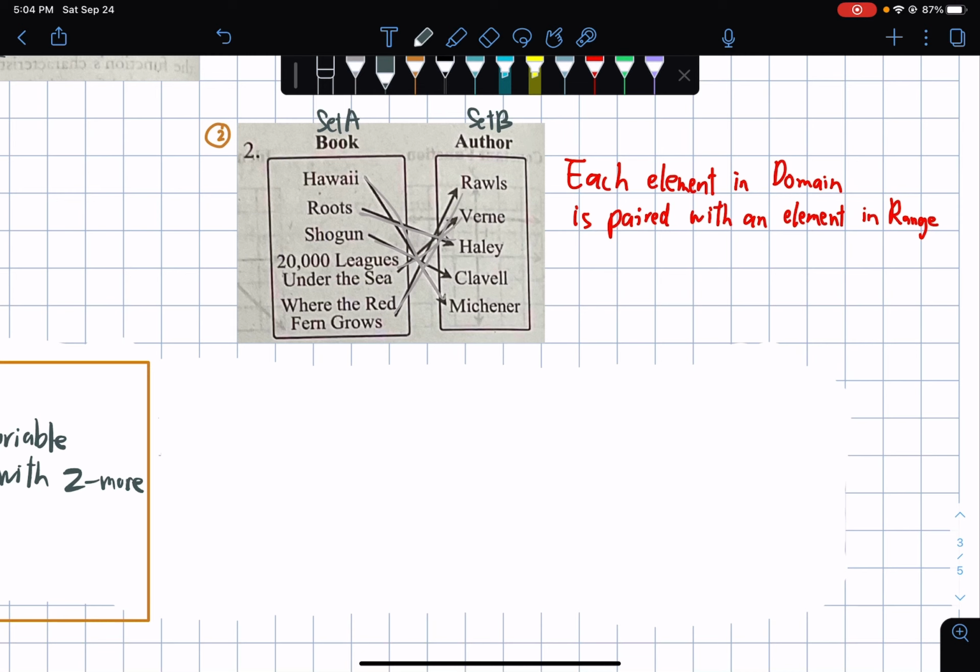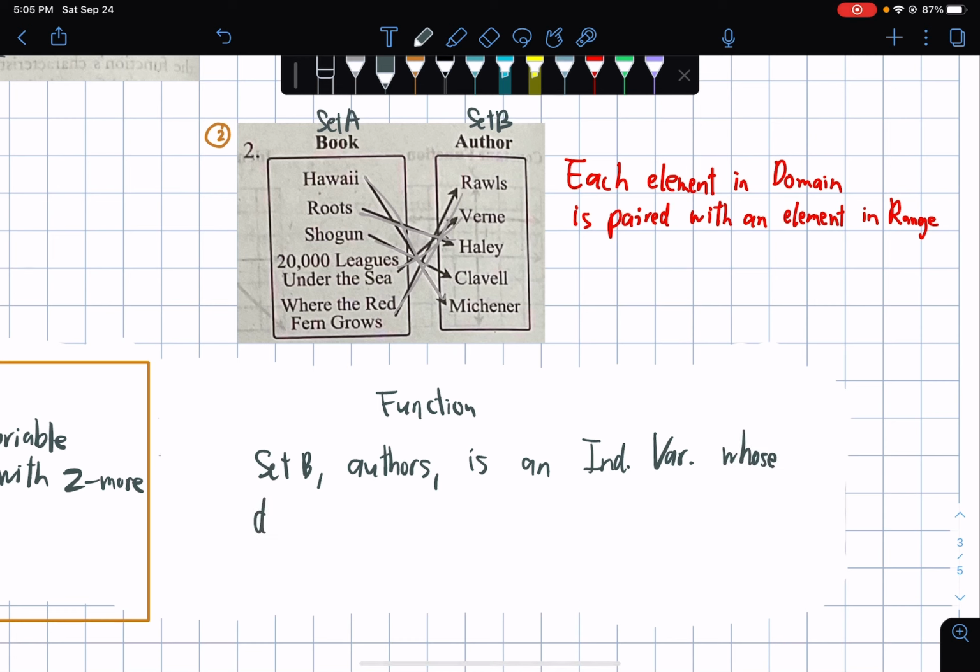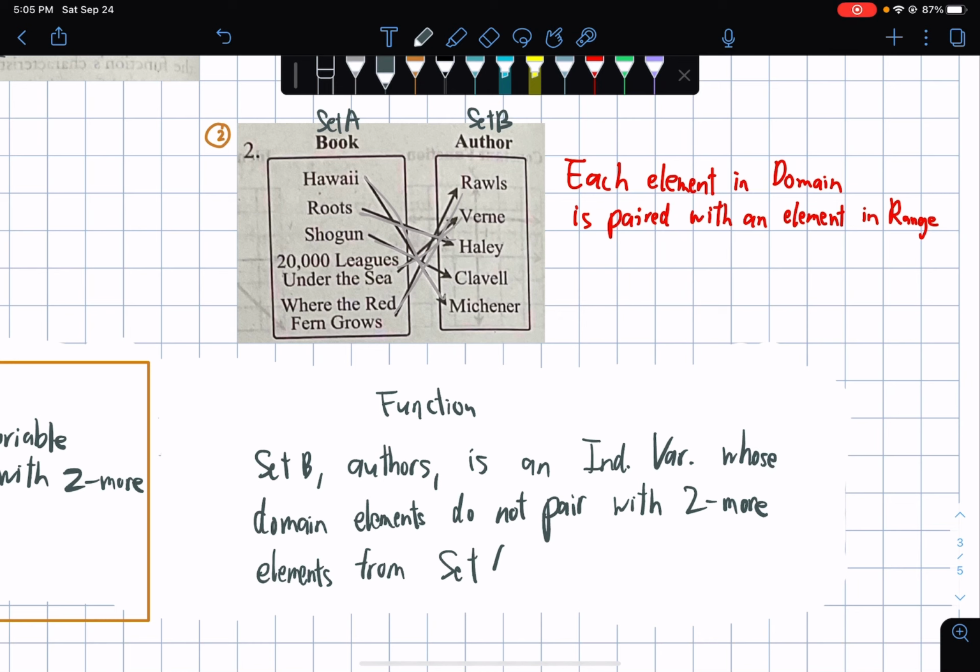Anyways, for the function, set B, or the authors, is an independent variable whose domain elements do not pair with two or more elements from set A, or in other words, the independent variable ranges.